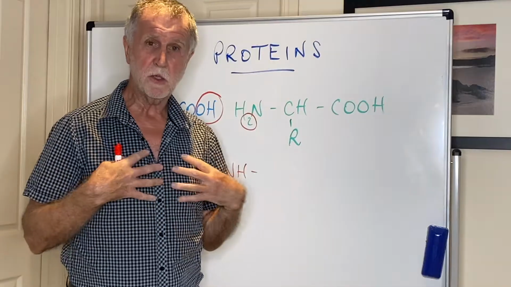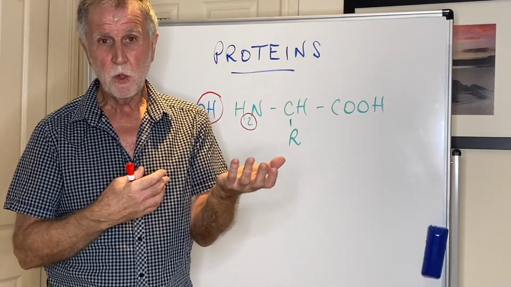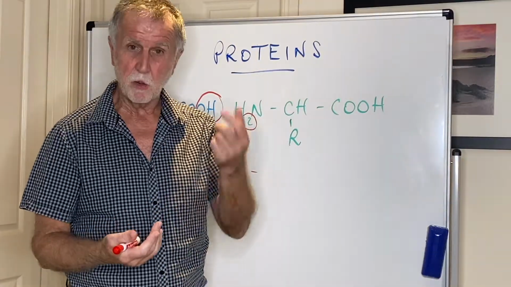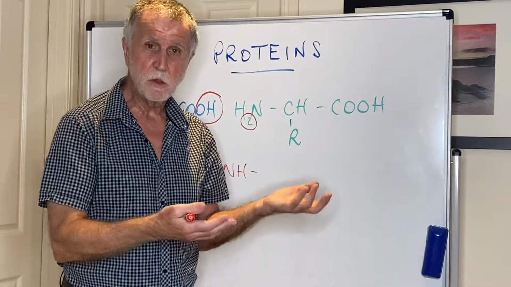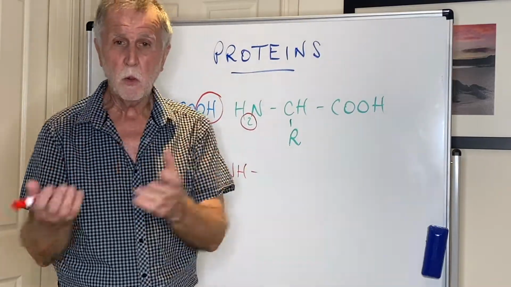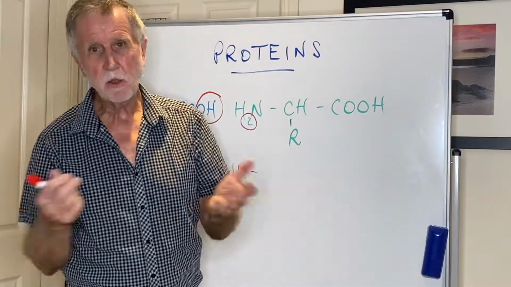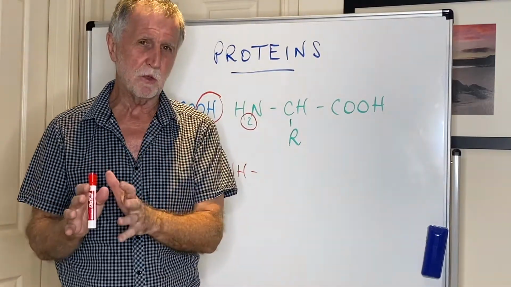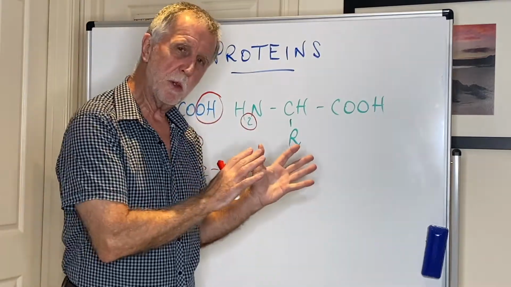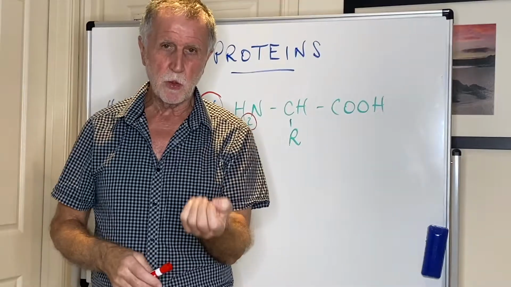And in us, proteins are probably one of the most important of the big molecules. For example, our skin, our hair, our nails, our muscles, our organs, our hormones, our antibodies, our enzymes, they're all proteins. So proteins feature massively in living systems. Anyway, coming back to the structures. So the sequence of the amino acids is called the primary structure.